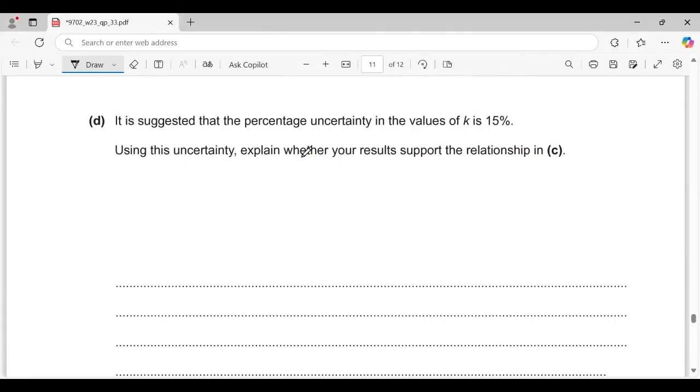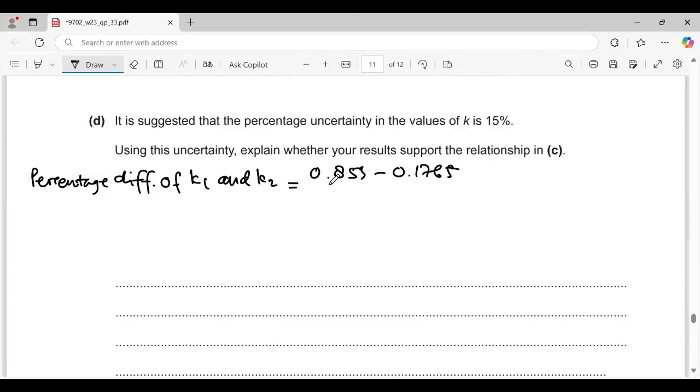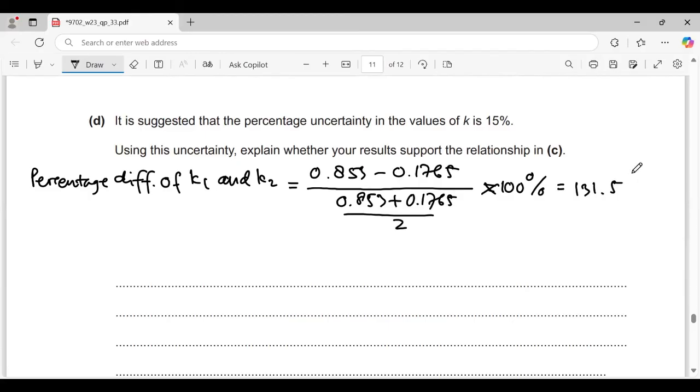Using this uncertainty, explain whether your results support the relationship in C. I'm going to show you the percentage difference between K1 and K2, the first K and second K. According to the values of K1 and K2, 0.1765 over 2, multiplied by 100%, the result is 131.5%.